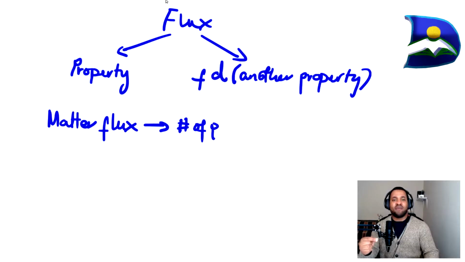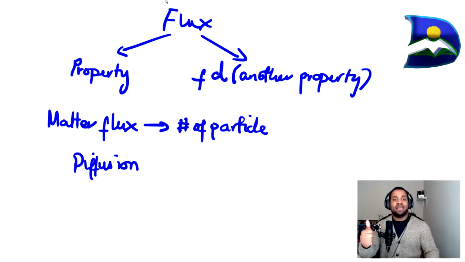The number of particles will be distributed over a specific area at a particular time, and that mobility is where we linked our relationship between the transport system and where it is coming from. On one side we have diffusion, and diffusion depends on the transport quantity, which is matter or our particles.